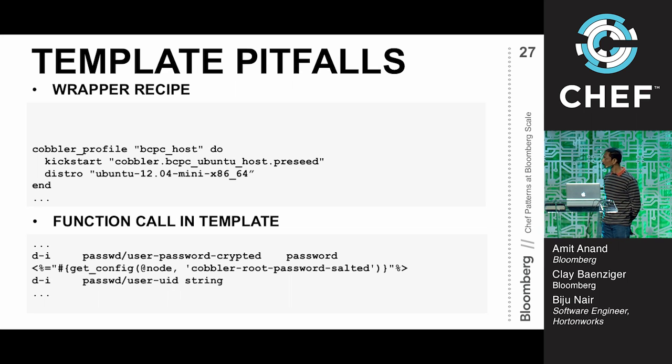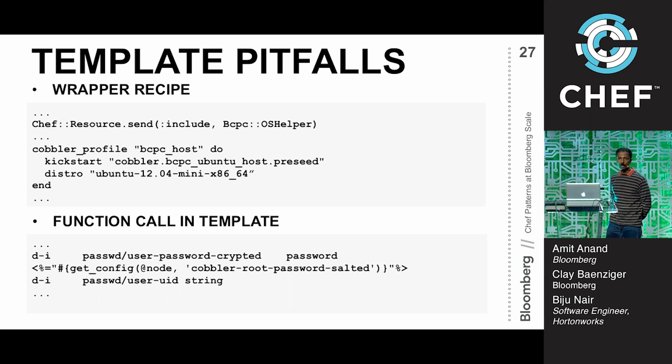And in the template, at the bottom, you can see that the template has a get_config library function call. So it was all fine and working, but at some point we wanted to move to the best practices of Ruby to modularize the library functions. So what happened? We added this, thinking that including the BCPC OS helper, which is the module library, would help us identify the function call in the template, but it didn't happen.